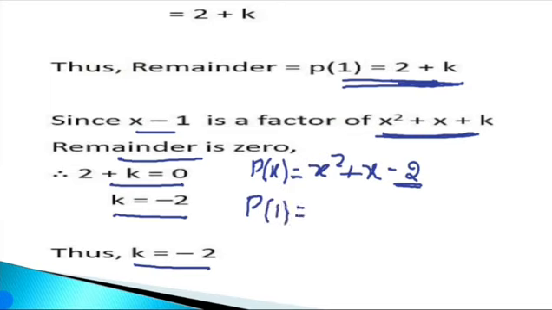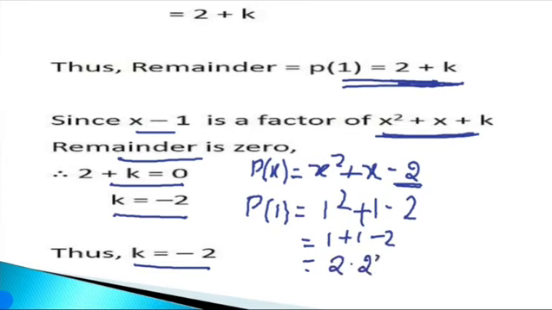So 1 square plus 1 minus 2. Here 1 square is 1, 1 plus 1 is 2, 2 minus 2 we get 0. So here the remainder becomes 0. It says that x minus 1 is a factor of x square plus x plus k.